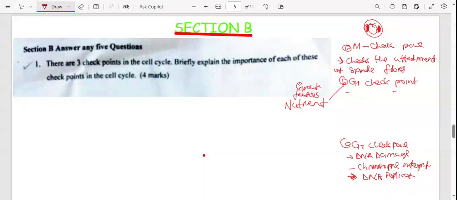Then here we'll talk about growth factors such as nutrients, which will be checked under G1. The issue of DNA damage you can also check at this point, and also the cell signs is one thing that will be checked. Growth factor and also cell signs will be checked under this.